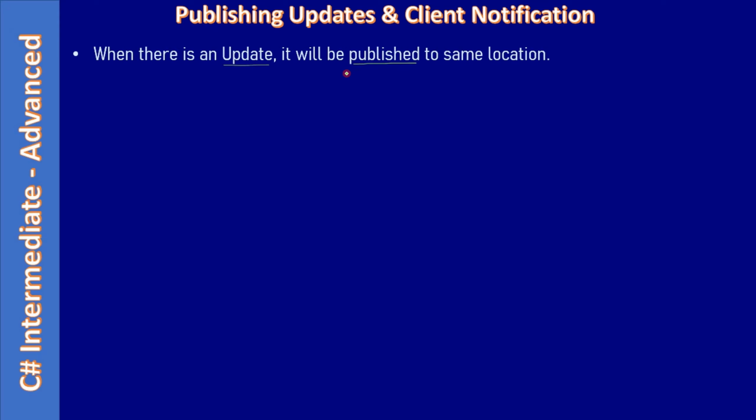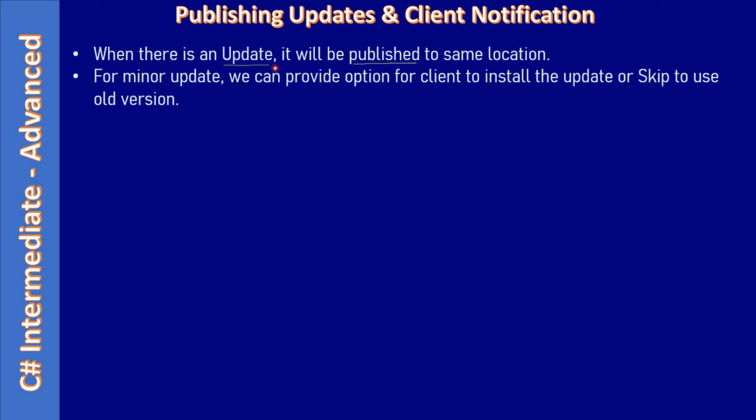I mean, here the location we picked is the network location, and the same network location we will publish this update. For a minor update, we can provide an option for the client to install the update or skip the update. If they skip it, they will still be using the old version.